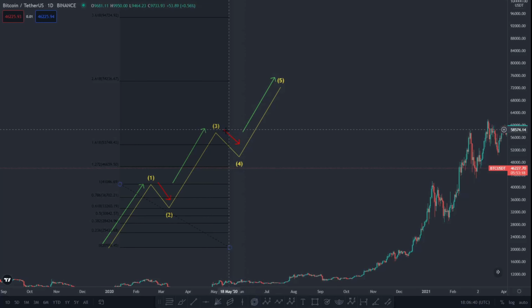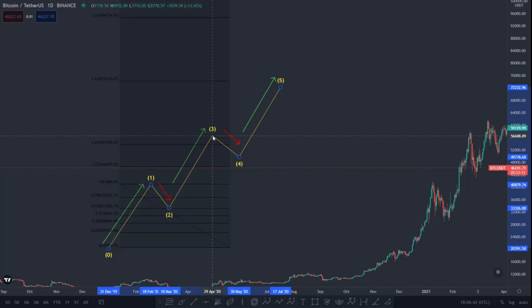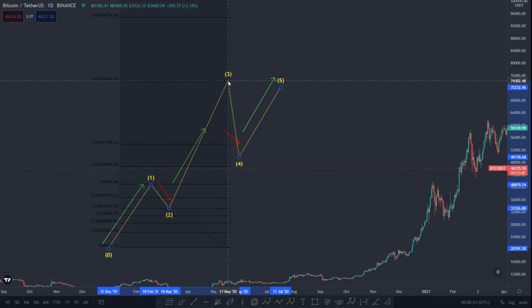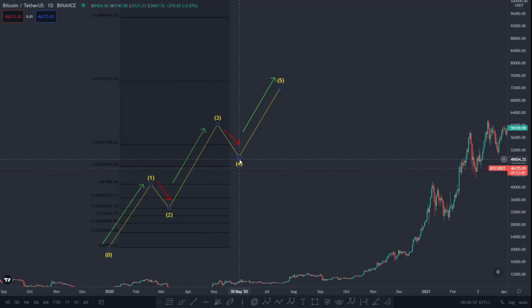The second impulsive wave typically goes to the 1.618, or it could even head up to the 2.618 ratio. Wave 3 is always the largest of the impulse waves.